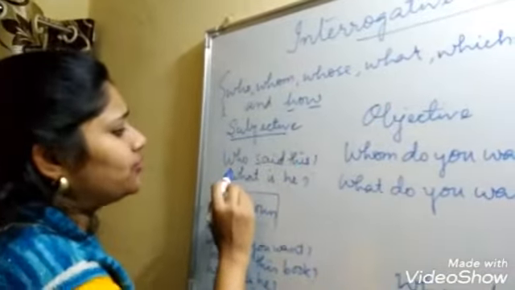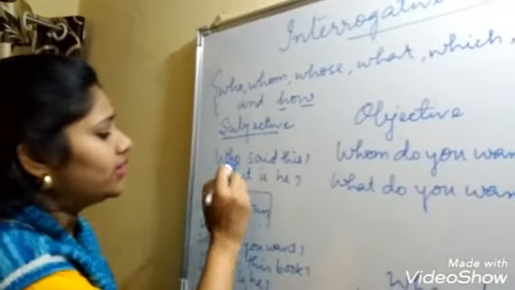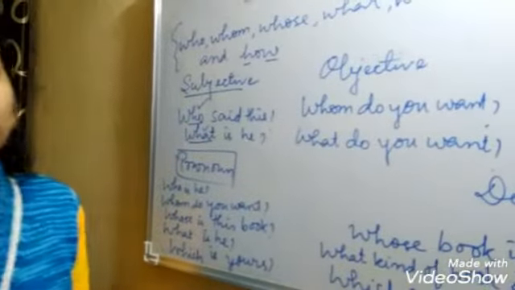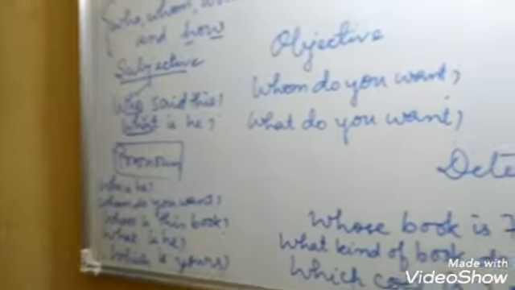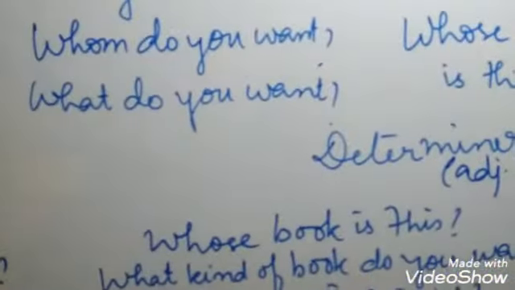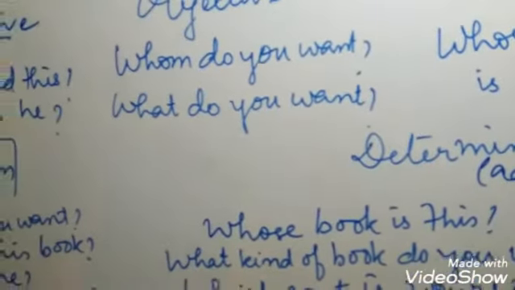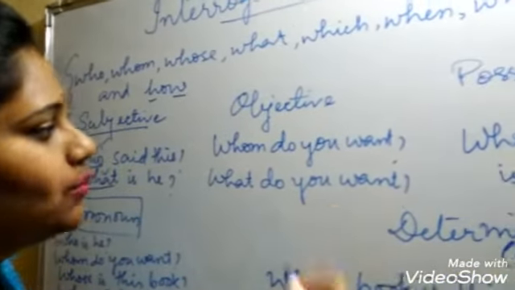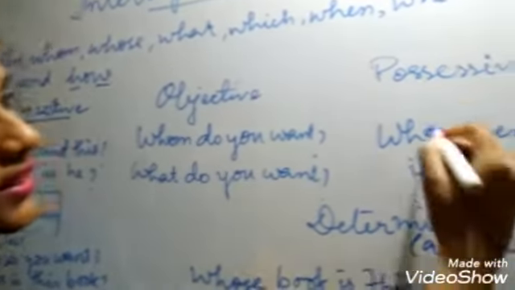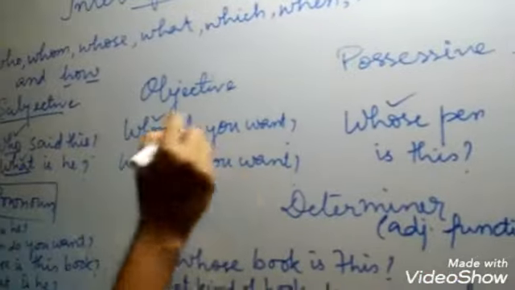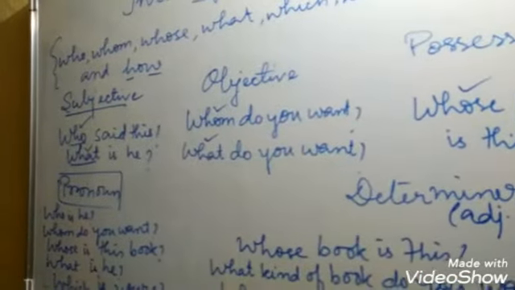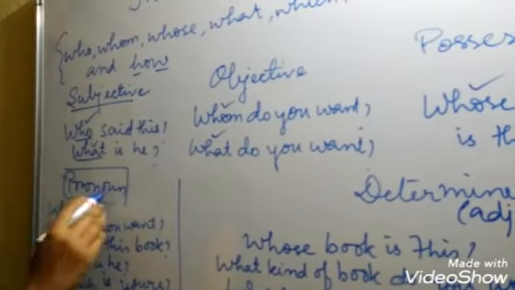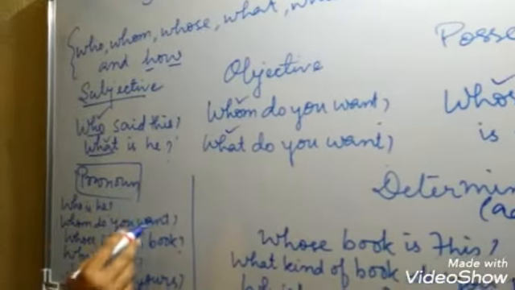Like subjective: who said this? What is he? Here these pronouns are in the subjective case. Now in the objective case: whom do you want, or what do you want? Possessive case: whose pen is this? So this is in the possessive case and these words are in the objective case. Now you see some of these interrogative pronouns function as pronouns, like who is he, whom do you want.